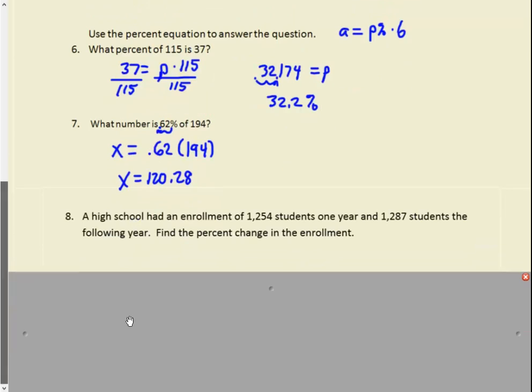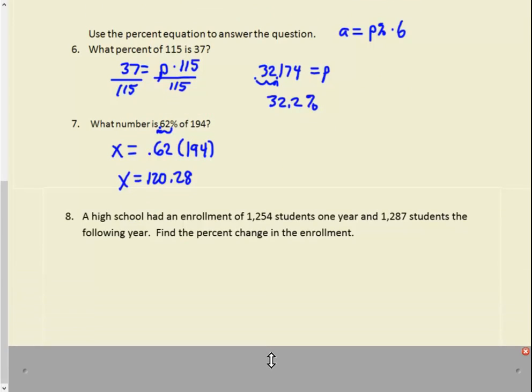Okay, this is a little different type of an equation. This is a percent change. A high school had an enrollment of 1,254 students one year and 1,287 students the following year. Find the percent change in the enrollment. And the idea behind percent change is that we want to look at the new value minus the old or original value, and then always divide by the original or old value.